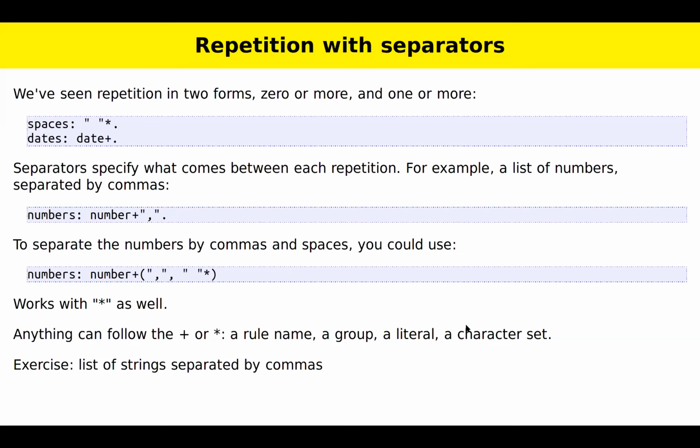And so you say number plus and then a comma followed by any number of spaces. Of course, it works with star as well as plus. Anything can follow the plus: a rule name, a group, a literal, a character set. So I'd like you now to take your list of strings example, and instead of having spaces between the strings, having commas and spaces between the strings. Okay, go.